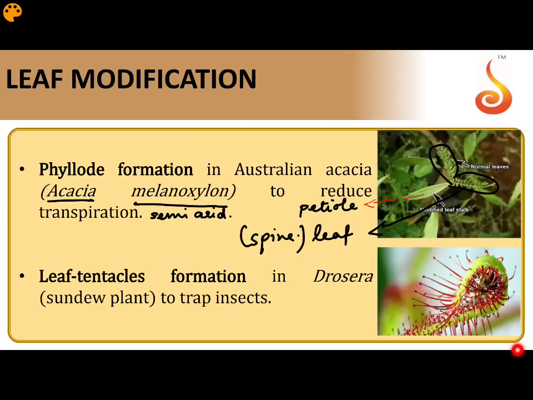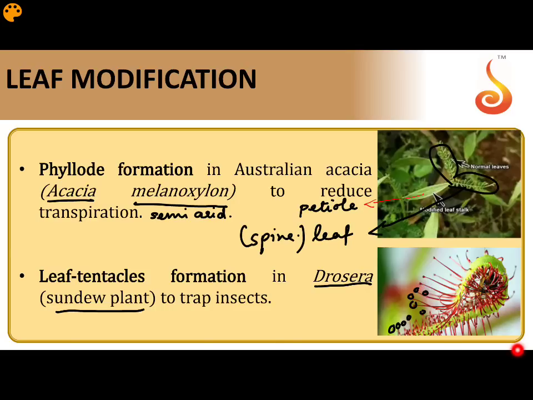The next type is again another insectivorous plant named Drosera. The common name is sundew plant. If you could see many other pictures, you would see these points at the top are like water droplets, and it looks like the dew which you see in the early morning.